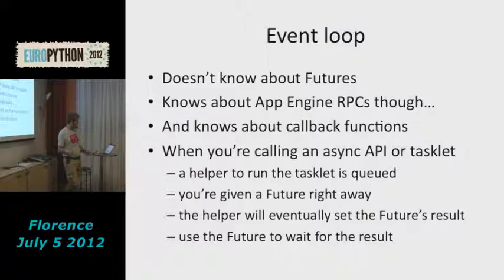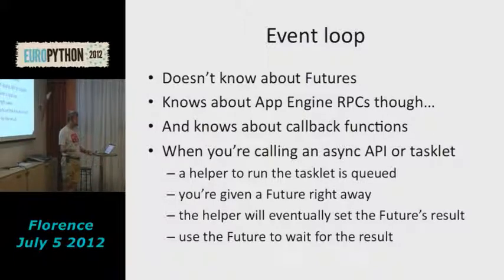When you make a call to an asynchronous API or a tasklet, it gives you a future and it schedules a callback that is really hairy, but that you never have to know about, that does all the interaction with the dependent future or RPC.